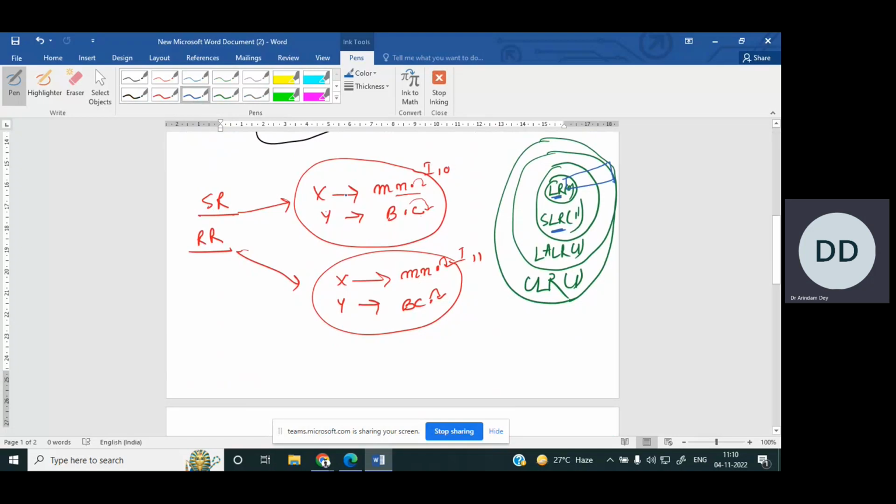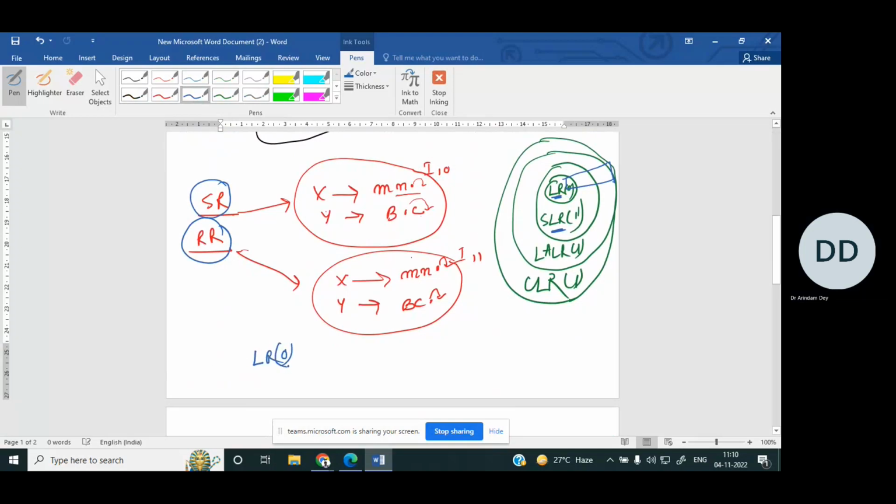If any state contains any conflict, in terms of SR conflict or RR conflict, the grammar cannot be LR0. So not LR0 if SR or RR conflict.